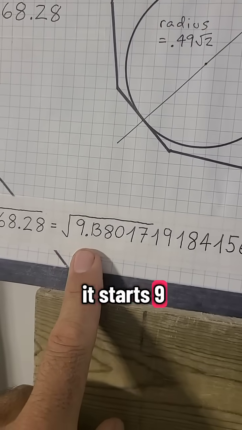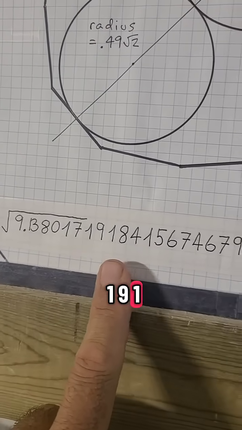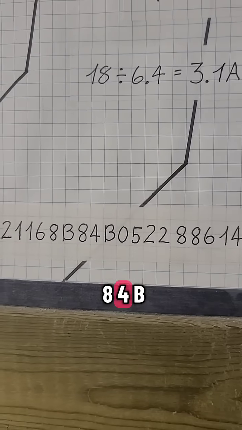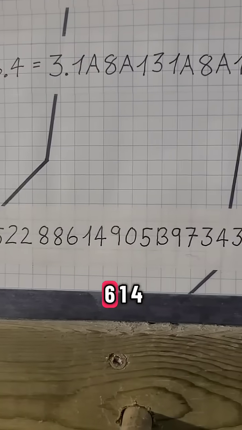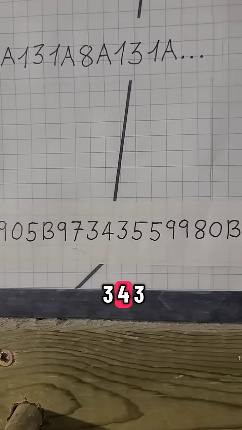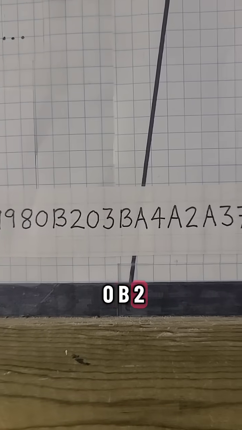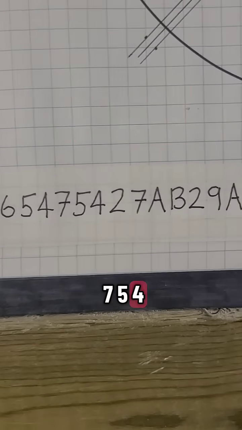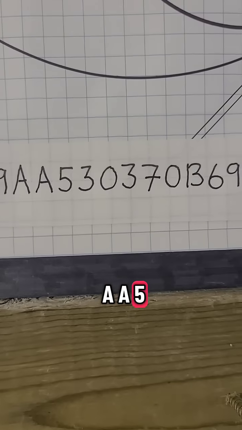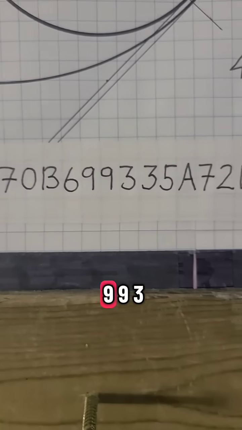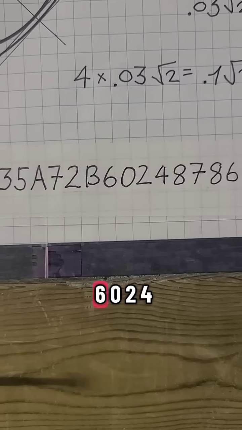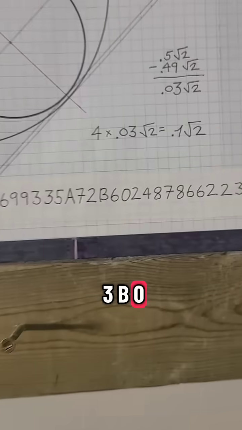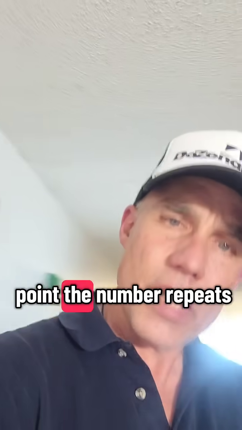You can see it starts 9.B801719211268744659980B203B846786223B0. And at that point, the number repeats.